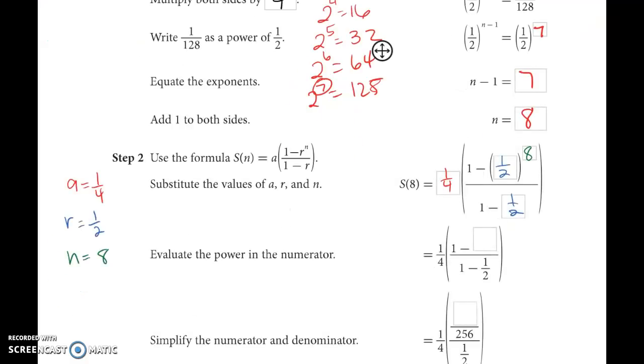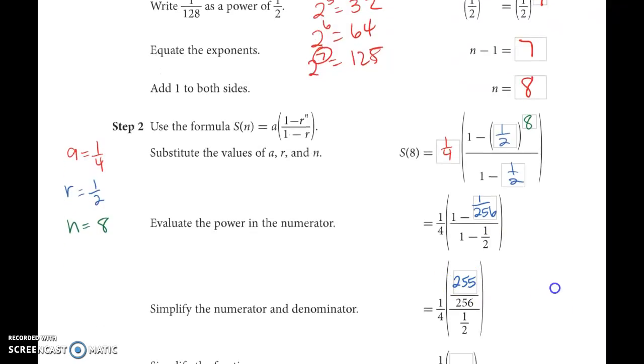If we simplify, 1/2 to the power of 8 is 1 over 256, and 1 minus 1 over 256 gives us 255 over 256.